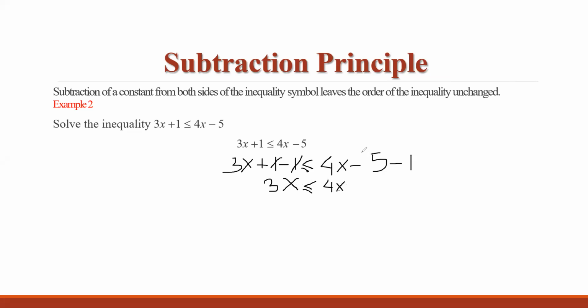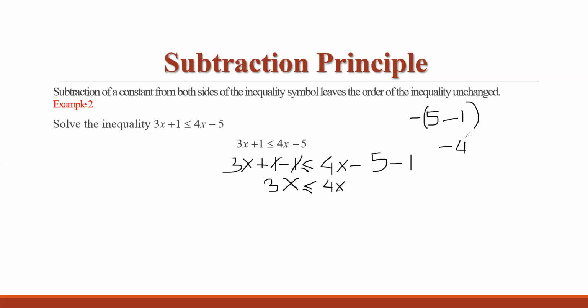Who can tell me the answer of this? Negative 5 minus 1. What do we get? Negative 6. You get negative 6. Don't tell me negative 4. Negative 4 is wrong. Some people have that tendency of bracketing. You are given negative 5 minus 1, so you bracket it and get 4.